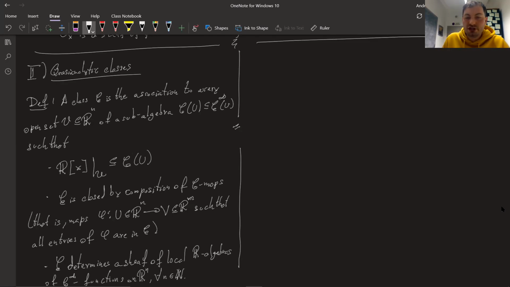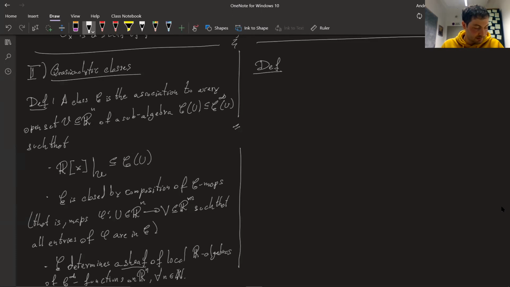The condition about being a sheaf I'm going to come back to later in an example to see what kind of situation would not be a sheaf. But in general, most of the things that we're going to see satisfy this property almost immediately.